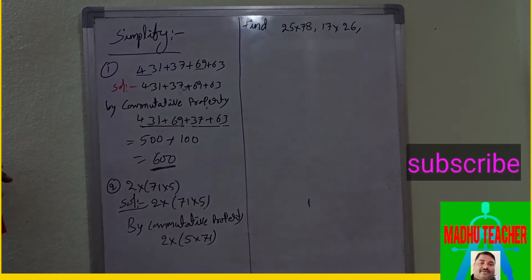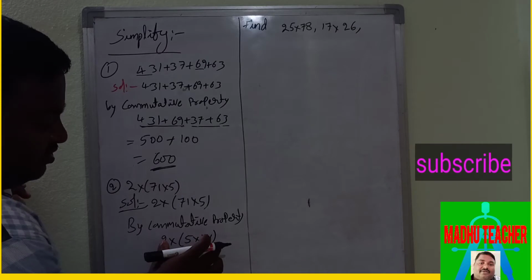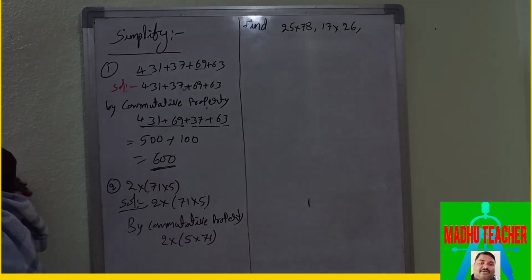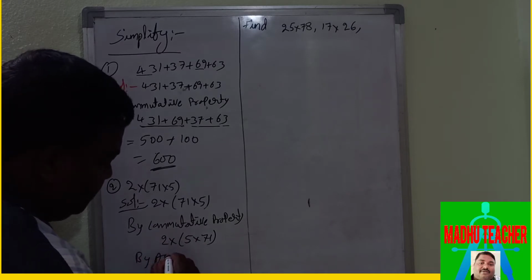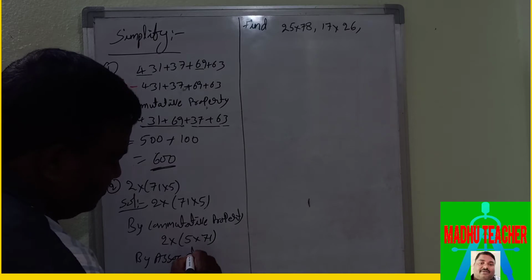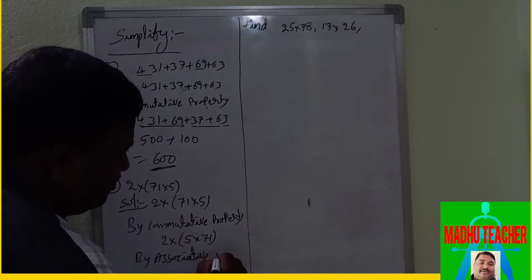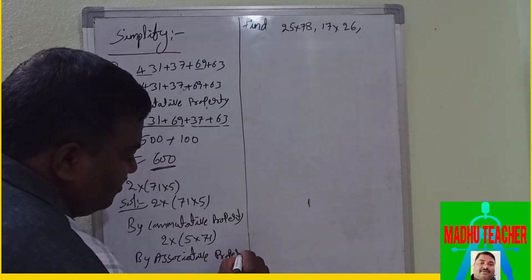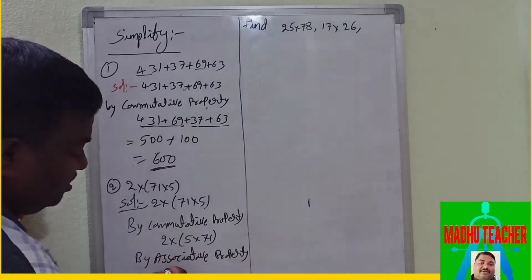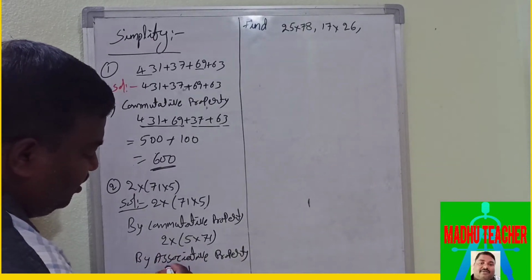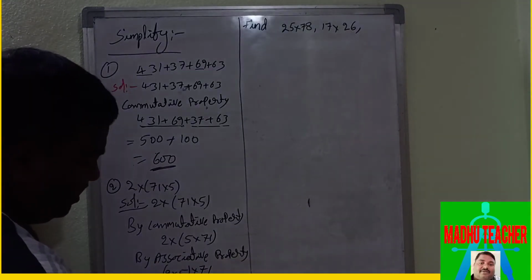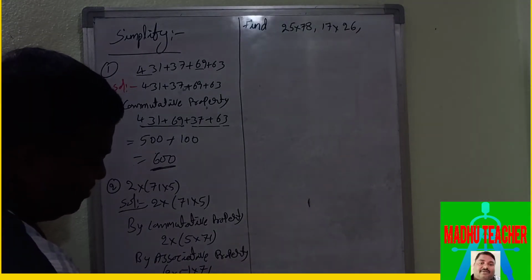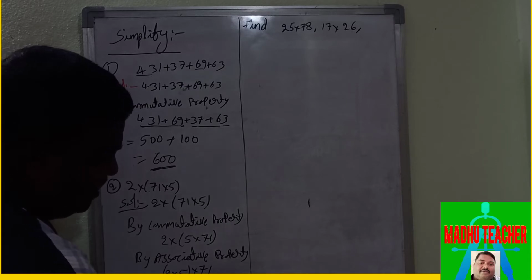Okay. Then by associative property, we can write this as 2 into 5 into 71. 2 5s are 10 into 71. 71 into 10, 710.